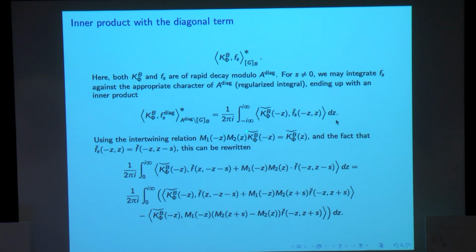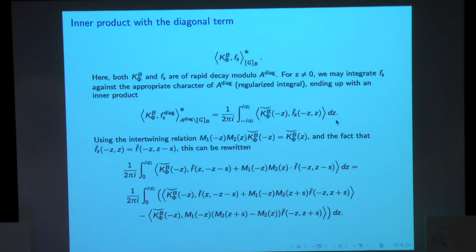Because pi sub z and pi sub minus z are isomorphic, the intertwining relation gives us this. And moreover, the way we have chosen our section, we can write the Mellin transform of f sub s in terms of Mellin transforms of f. I know these slides are going to be a little bit hard to follow, and it doesn't really matter.